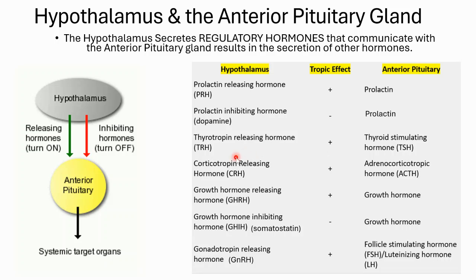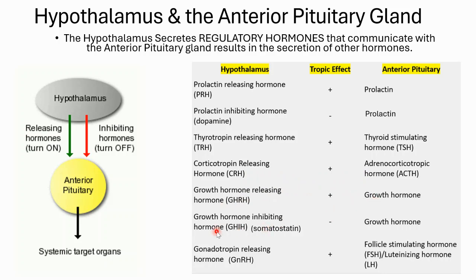You have thyrotropin releasing hormone, TRH. It will cause thyroid stimulating hormone to be secreted from the anterior pituitary. Corticotropin releasing hormone will cause adrenocorticotropic hormone to be released from the anterior pituitary. Growth hormone releasing hormone will cause the release of growth hormone from the anterior pituitary.